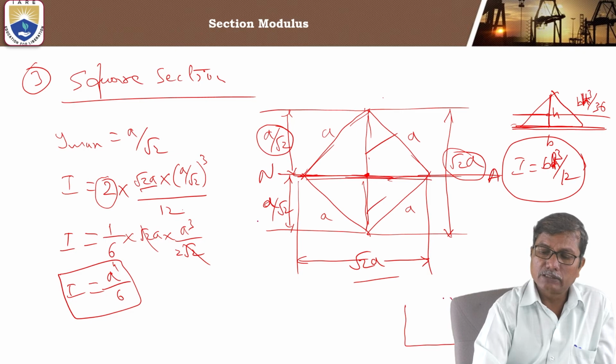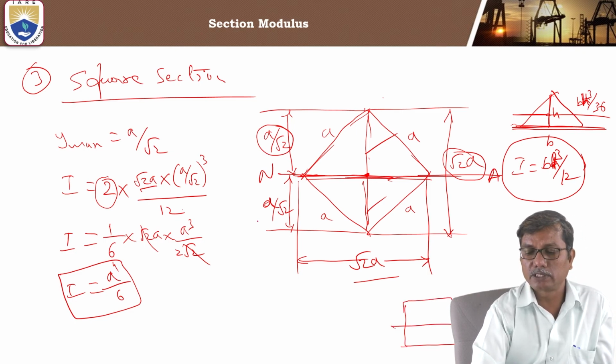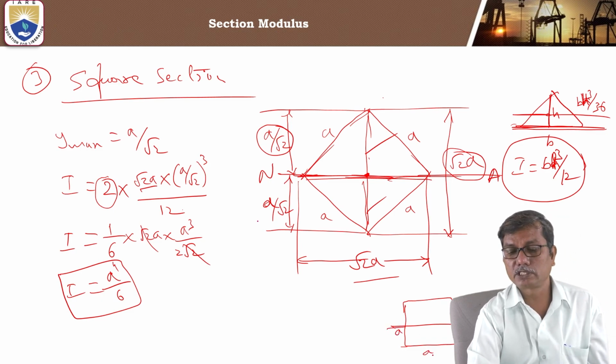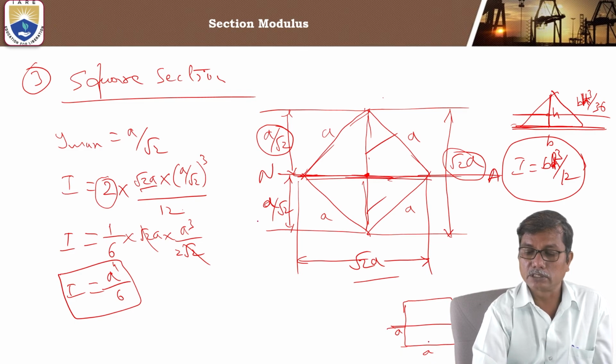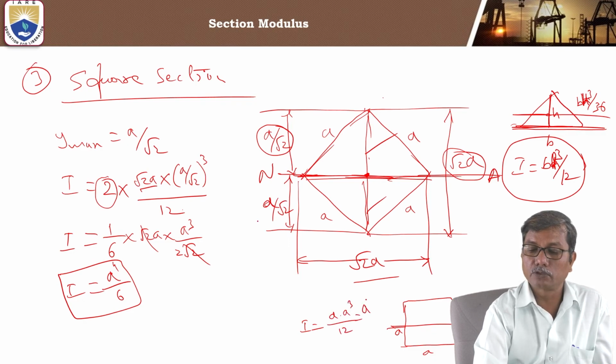With the side horizontal, what is the moment of inertia? With side a, for a square section with one of the sides horizontal, it is just like a rectangle. So b d cube by 12, a into a cube by 12, that is a power 4 by 12.